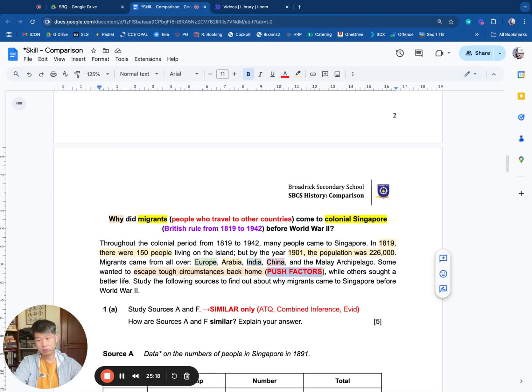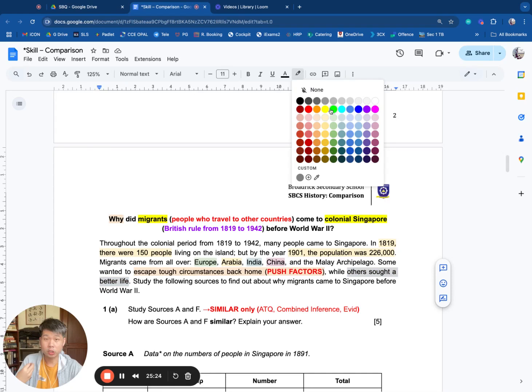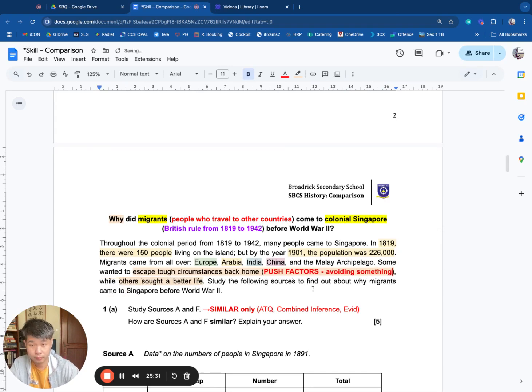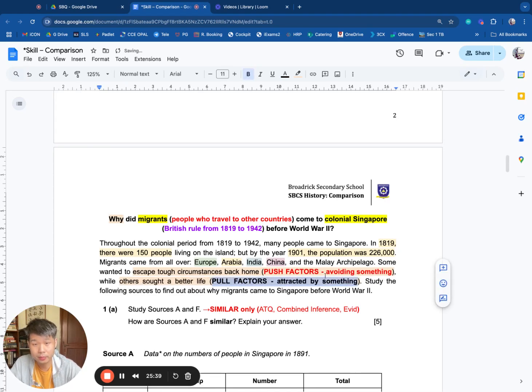Because you wanted to avoid something else. Whereas others sought a better life. And here you can guess, by coming to Singapore, being attracted to Singapore, so this would be pull factors. Attracted by something.